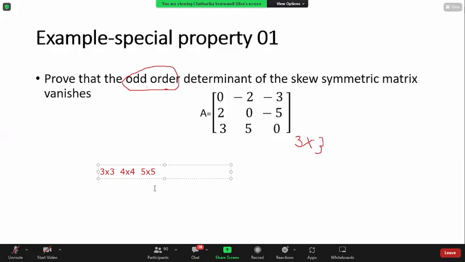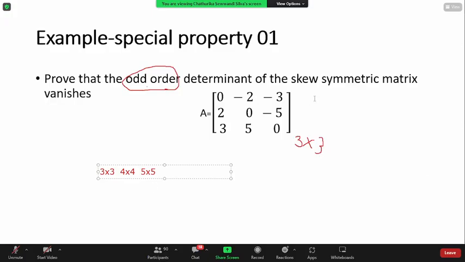This is also a good point for an MCQ or a structured essay question, where you may be given a matrix and asked to find its determinant. If you can remember this property, you can straight away say that this is an odd order skew symmetric matrix.